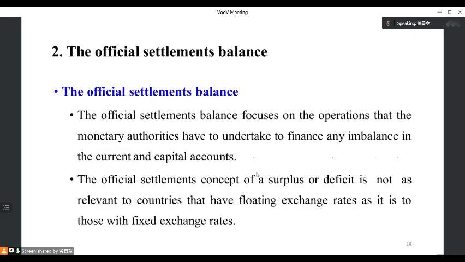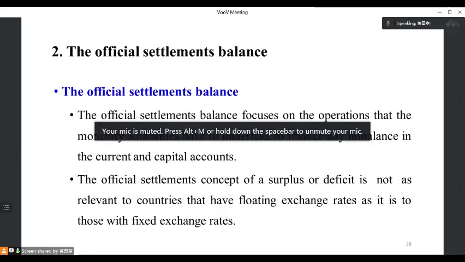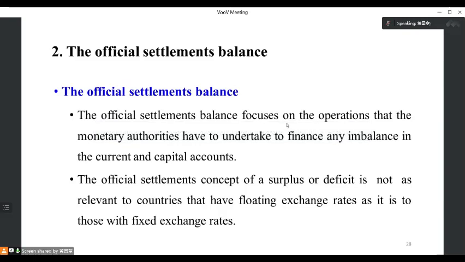Let's go on to the official settlements balance. What's the meaning of this? The official settlements balance focuses on the operations that monetary authorities have to undertake to finance any imbalance in the current and capital account.